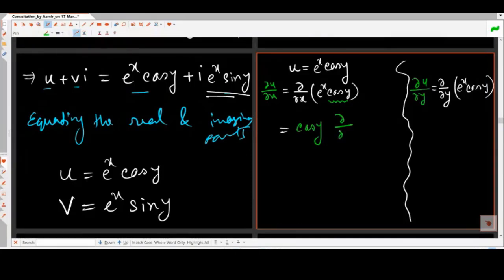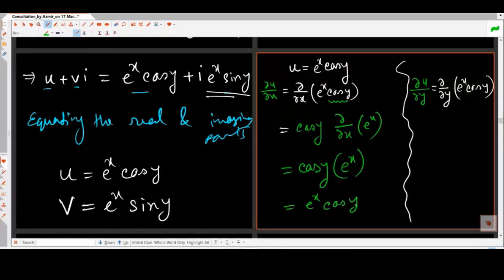So just we have d dx of e to the x, and d dx of e power x is e power x. So finally we can write e to the x cosine y. That means this is du dx.